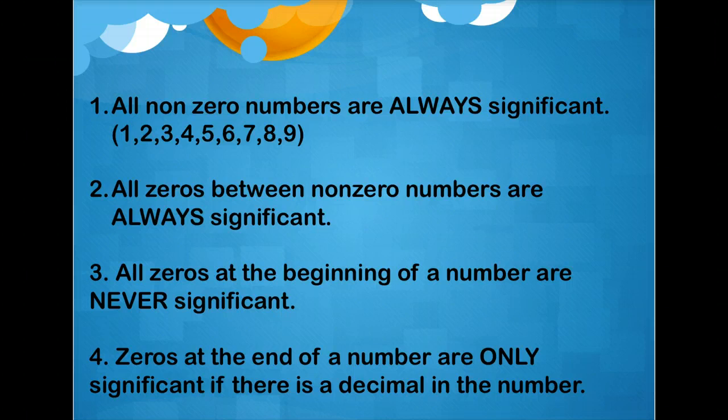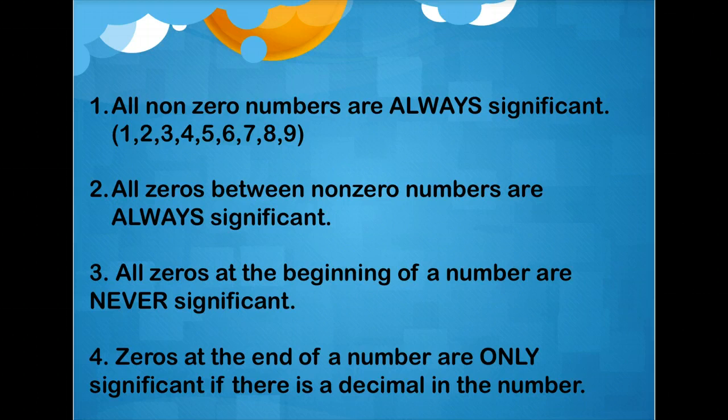The first rule is that all non-zero numbers are always significant. So that means 1, 2, 3, 4, 5, 6, 7, 8, 9. Anytime you see those in a number, they're always significant. They're always important. Number two, all zeros that are between non-zero numbers are always significant.